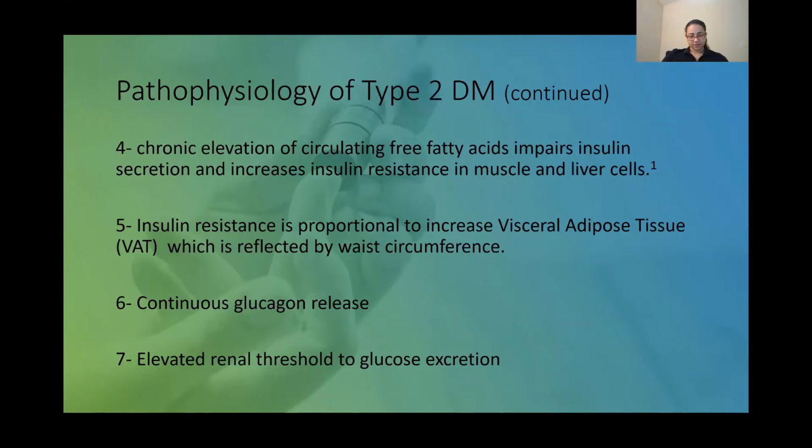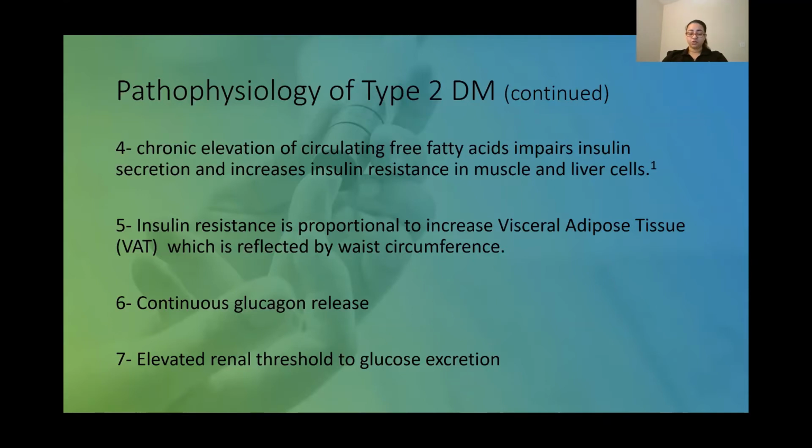Now, the seventh mechanism is elevated renal threshold to glucose excretion. Now, 90% of the glucose filtered through the kidney glomerulus is reabsorbed in the proximal tubules by the SGLT2, which is sodium glucose cotransporter 2, and SGLT1, which reabsorbs only about 10% of the filtered glucose.